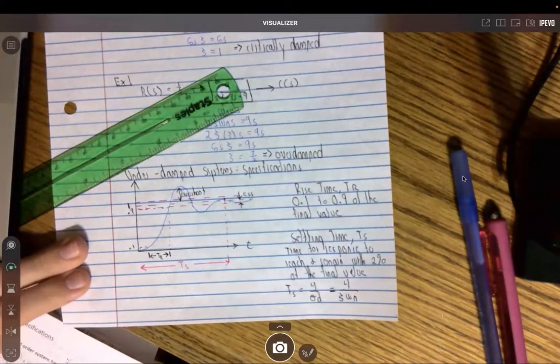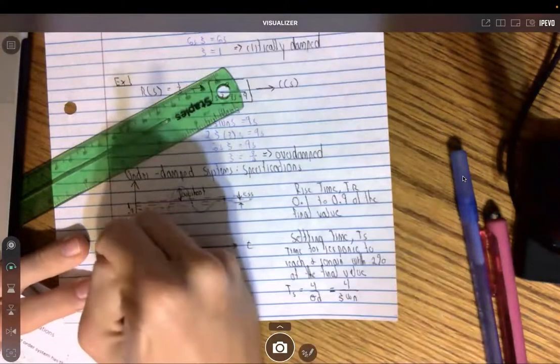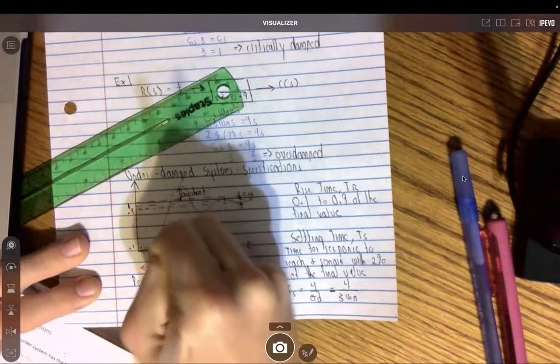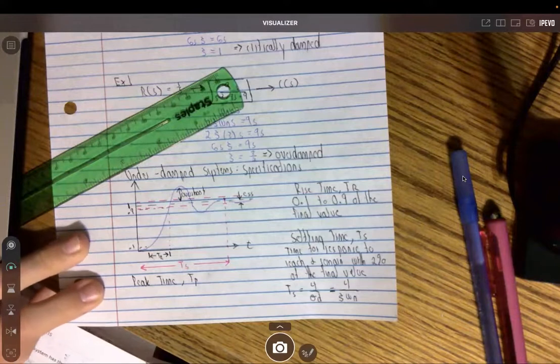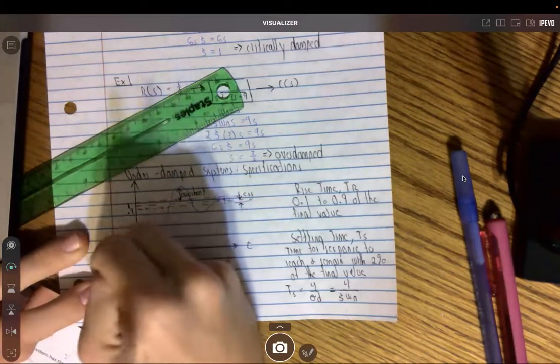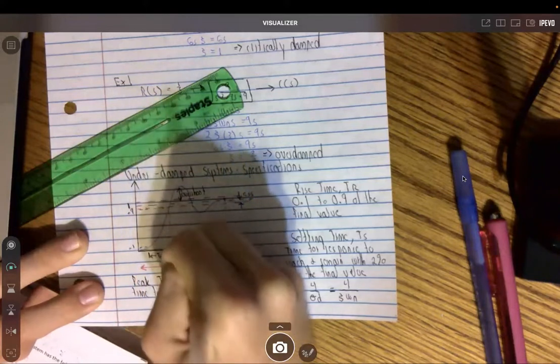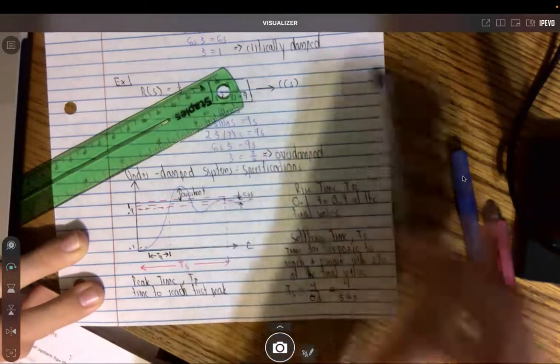Then the peak time, so I'm going to put that here, peak time is known as TP, and that is the time to reach the first or maximum peak. And of course, the first peak is at that point where the overshoot occurs.